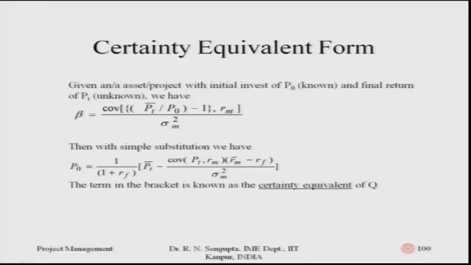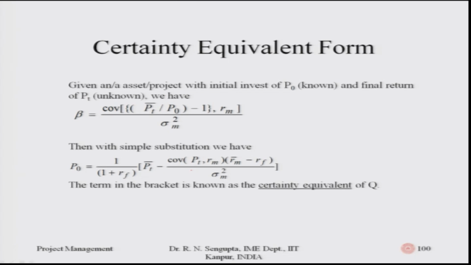Then with a simple substitution we have the value of P naught, which is the price I want to find out, given by the difference of PT, which is the project's expected price value later on at some time T0, T, or T1, T2, T3.